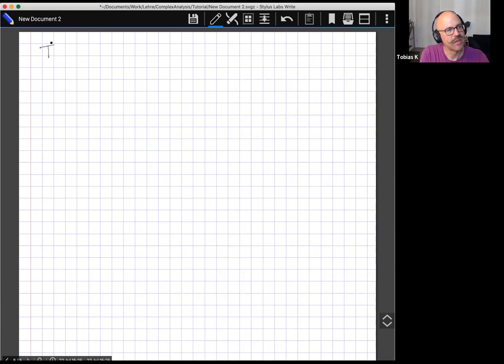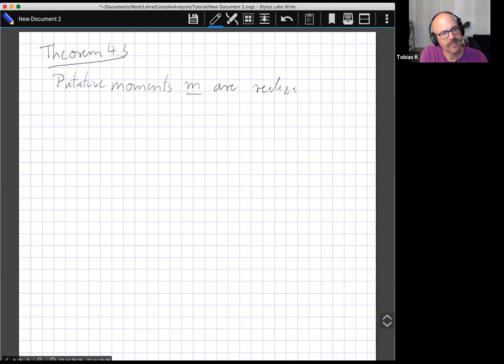So, theorem 4.3. Putative moments are realizable on N0 if and only if the following condition holds.